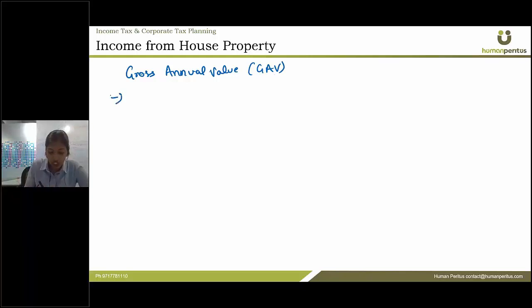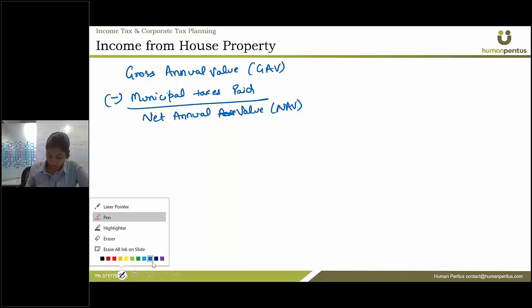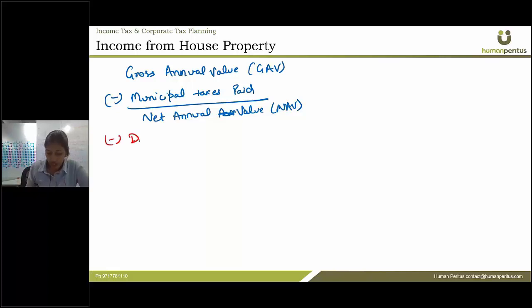Then from that GAV we deduct municipal taxes that are paid. Okay, and then we get net annual value, that is NAV of the property.